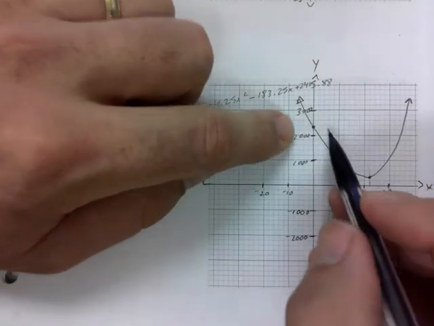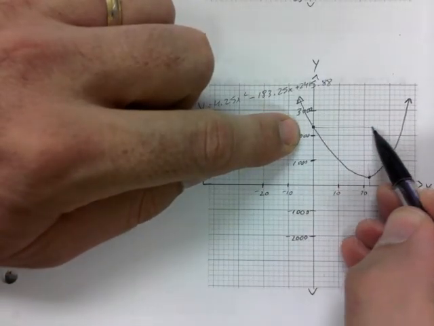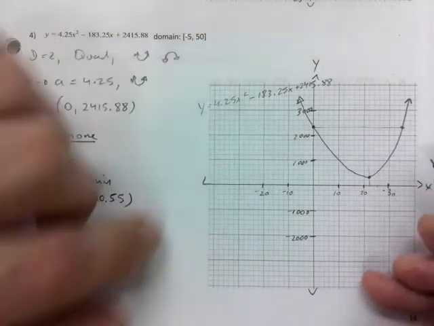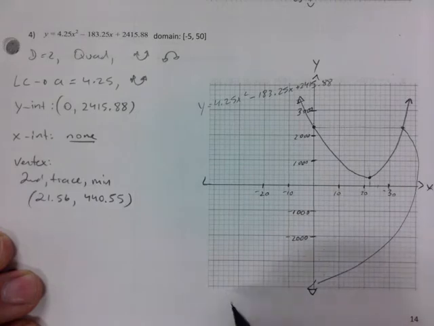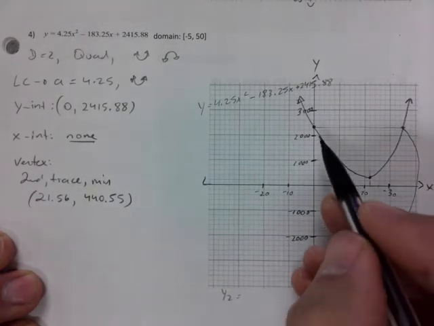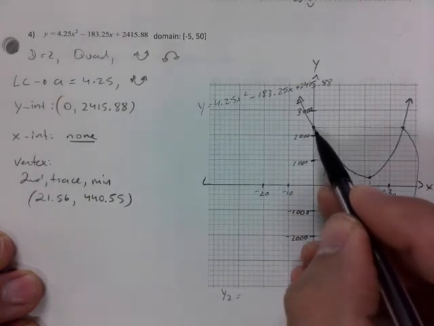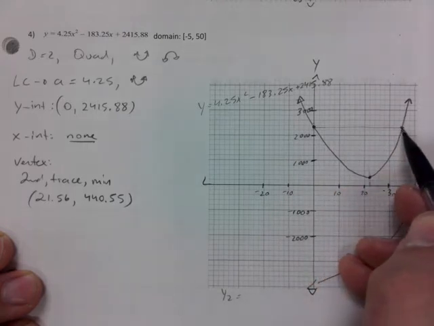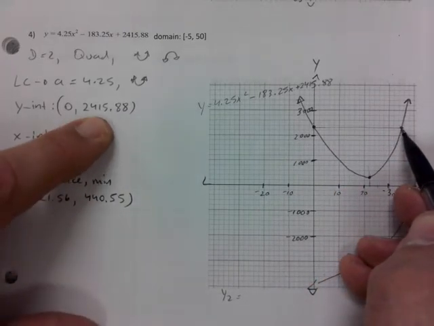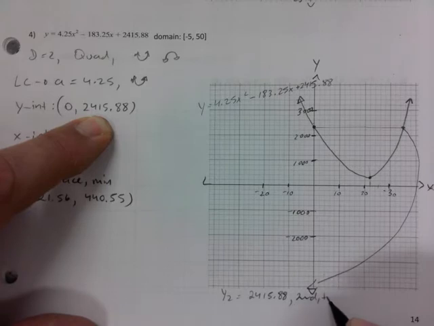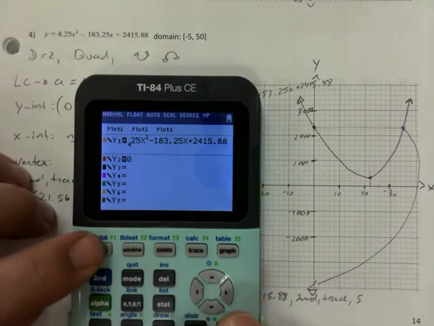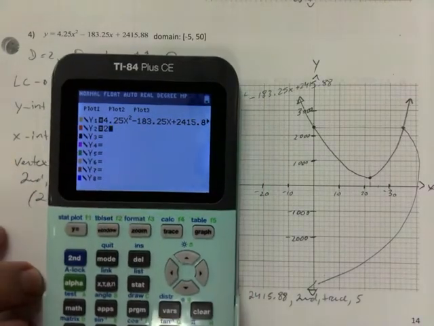If you wanted to have a point on the other side, if you wanted a point here to help you out, you can go y2 is equal to, what's the height here? What's the y value, which is exactly the same as the y value over here? And that is 2415.88. And then you go second trace 5, and you find the x value that way. So I'll show you how that's done.